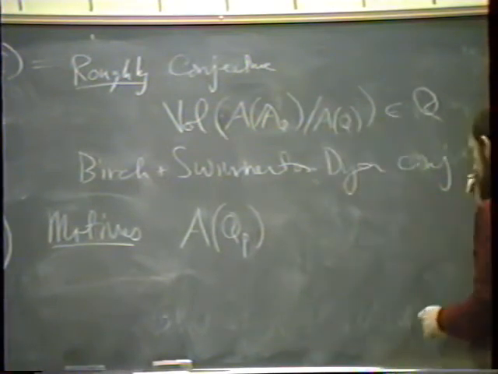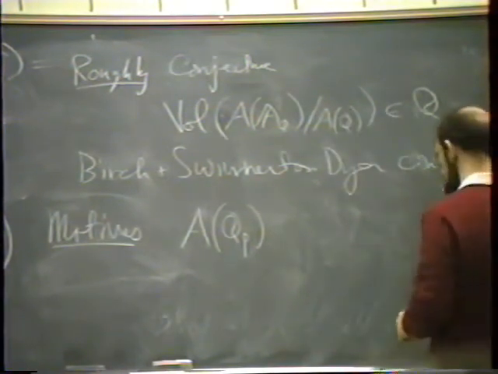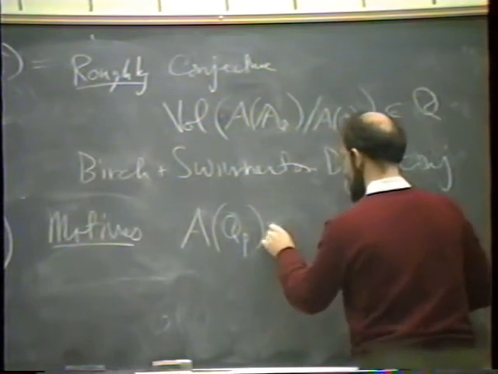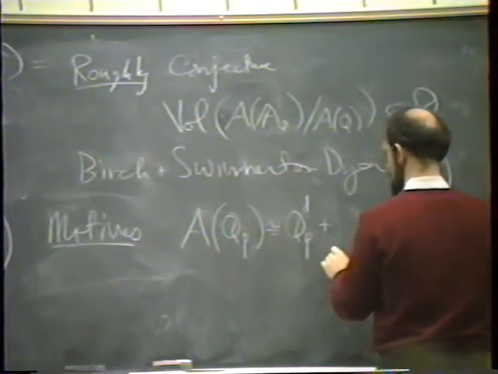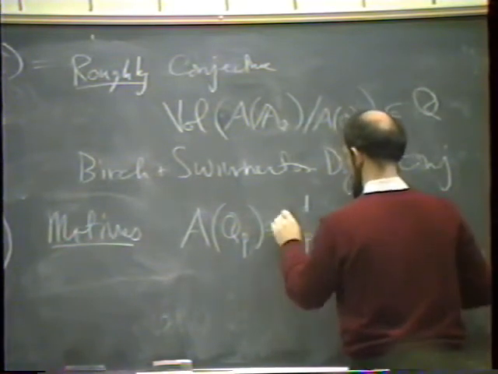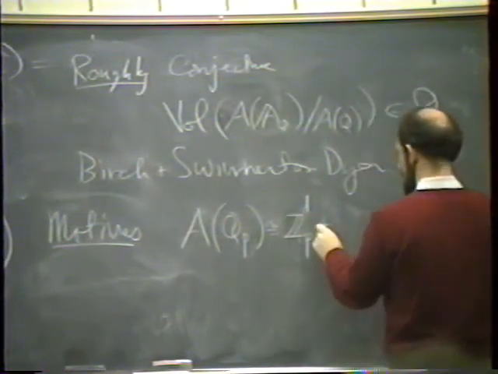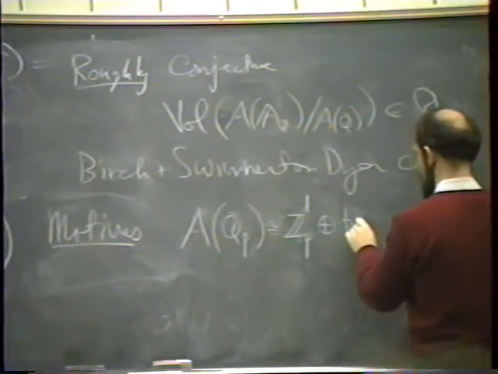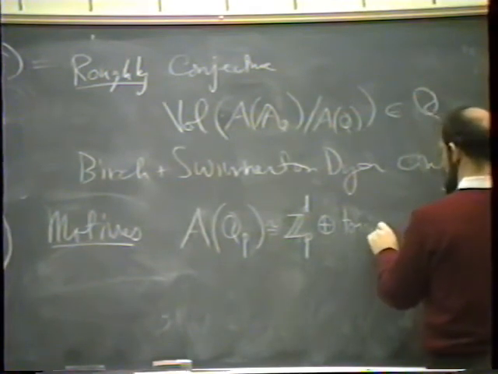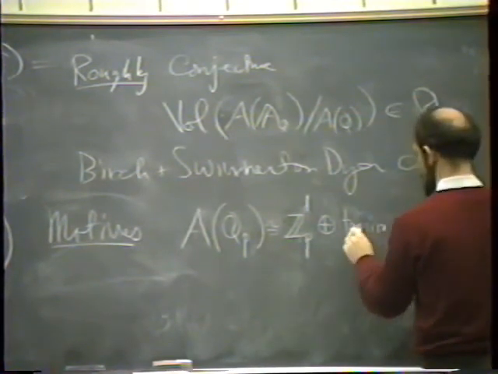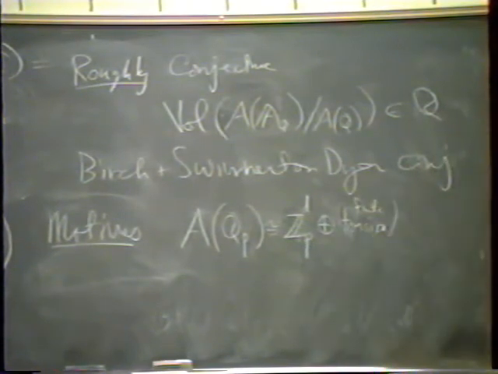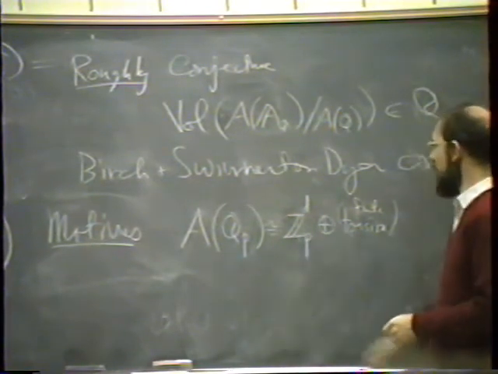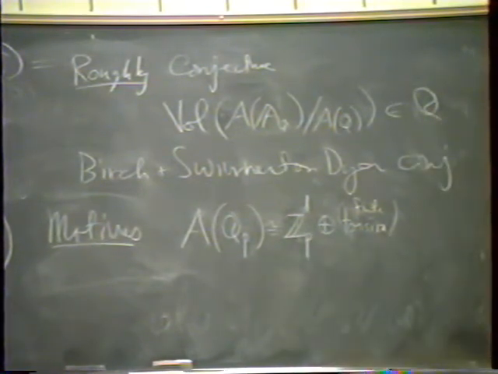In fact, I can say as a topological group, it turns out this is isomorphic to Z_p to the D direct sum some finite torsion group. So it's a very reasonable topological group if you swing with p-adic things.